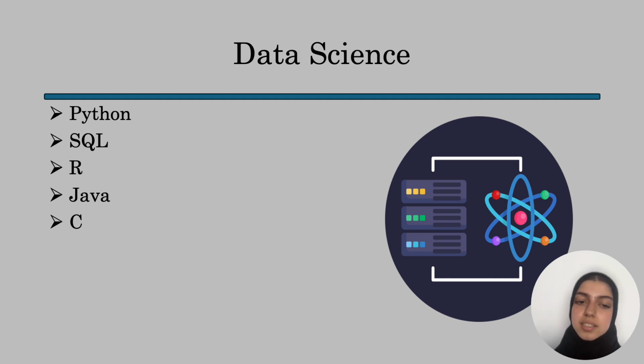And lastly, we have C. This can be said about C and C++. They both work very well for this. And C can develop and fine-tune statistical and data tools. So it's a fast language at compiling. But again, as said about C++, it is hard to learn for beginners. But again, it has that customization that comes with being a lower level language.